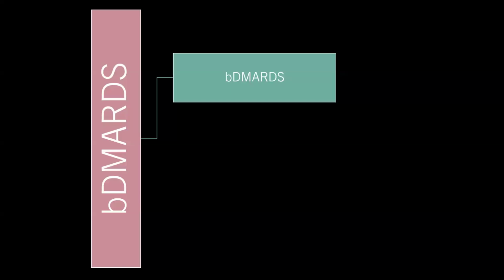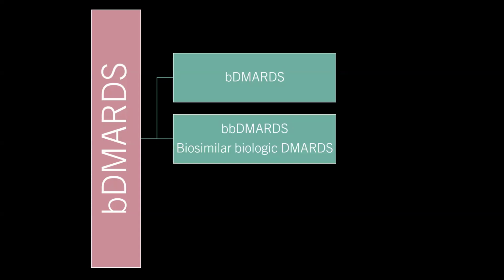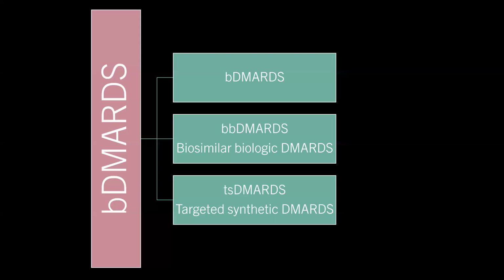So biological DMARDs can be routine, normal biological DMARDs. They can be biosimilar biological DMARDs, or they can be targeted synthetic DMARDs. As you can see, it does get a little bit more complicated, but hopefully it becomes more clear. Biological DMARDs are things like rituximab.